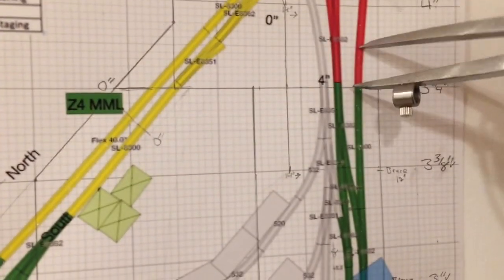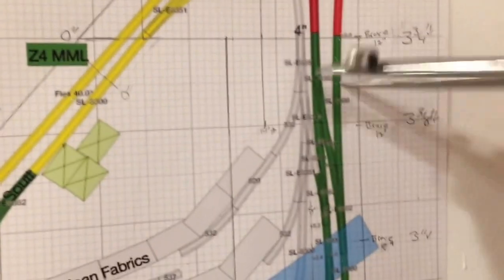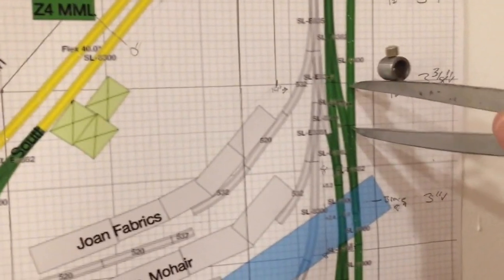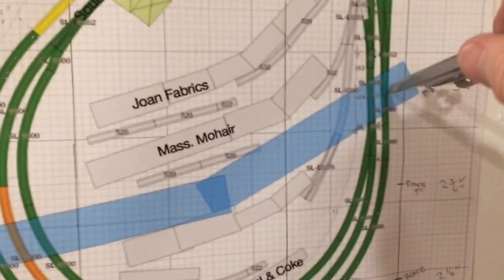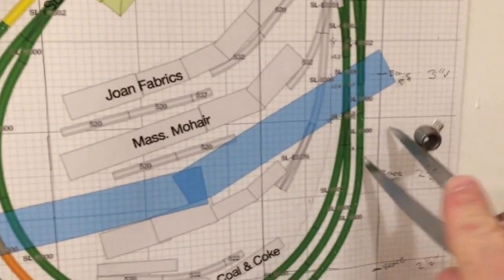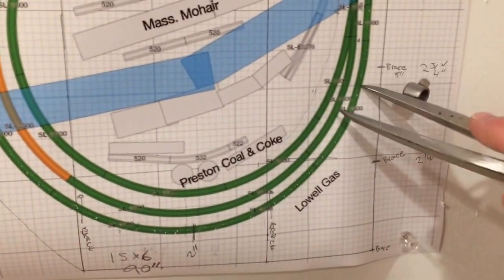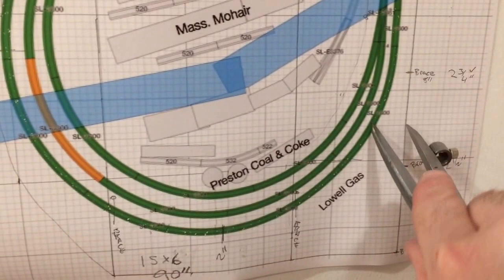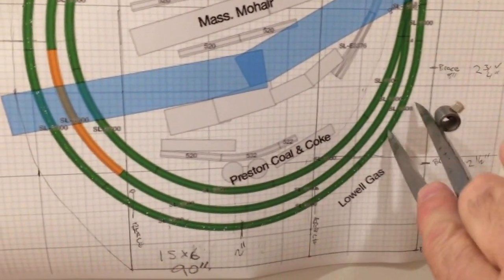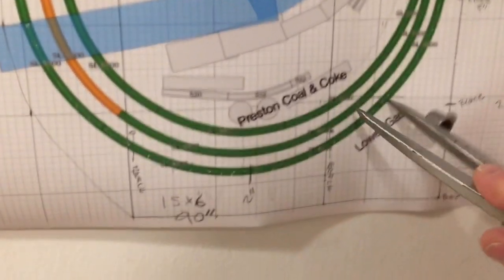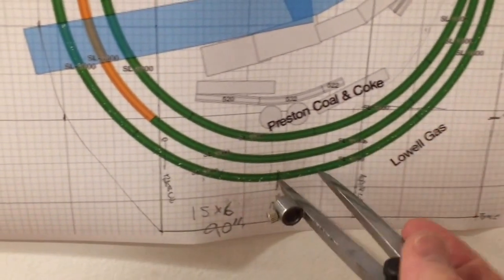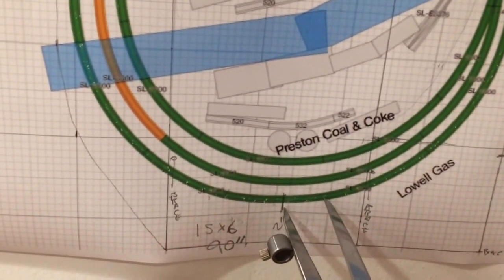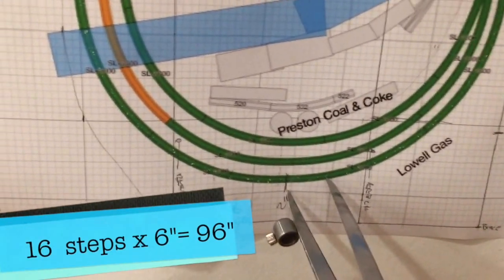So there's 1, 2, 3, 4, 5, 6, 7, 8, 9, 10, 11, 12, 13, 14, 15, 16. Now I'm going to stop walking here.